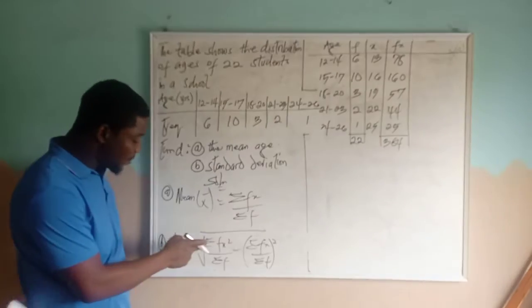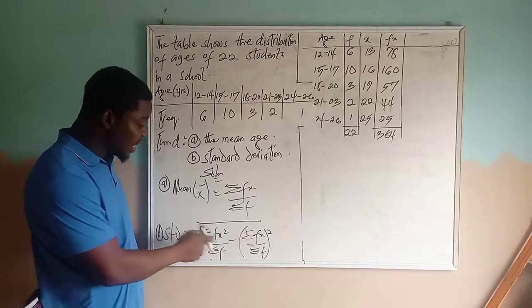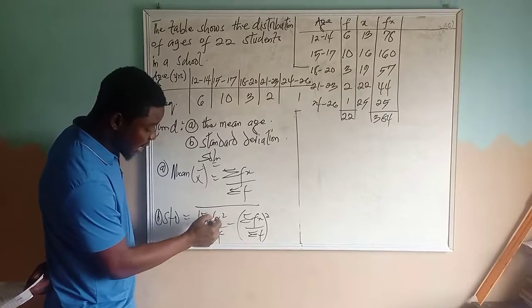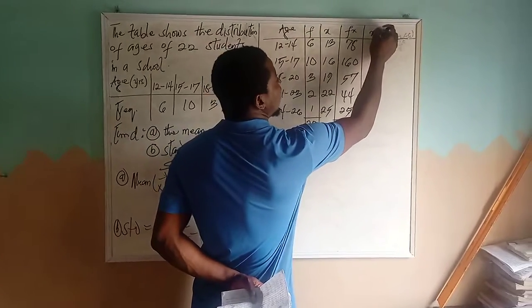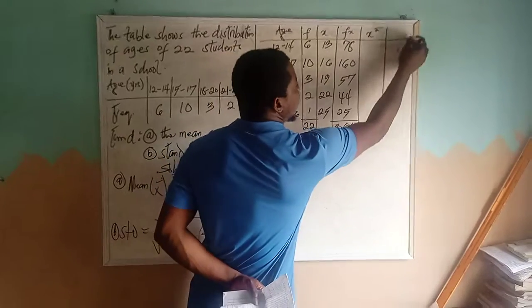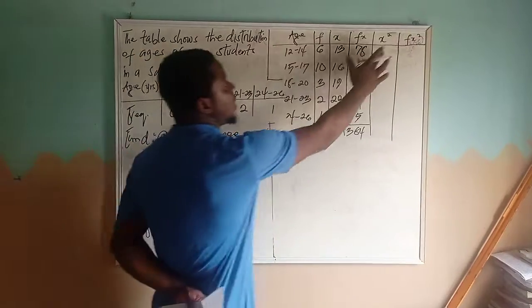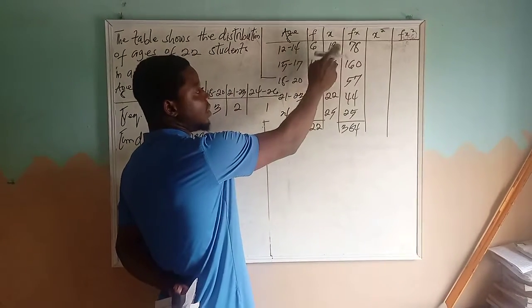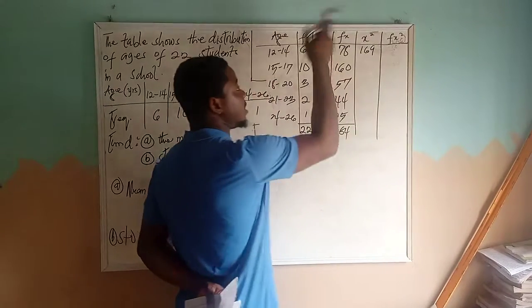And then, because of the nature of our standard deviation formula, we need a column for x squared and a column for fx squared. So we're going to create that quickly. We have x squared here, and then we have another column, fx squared, here. Now, x squared simply means you square your x values. So if you square 13, you're going to have 169. That is 13 times 13.